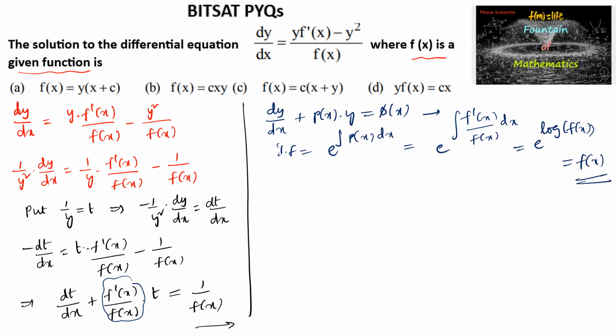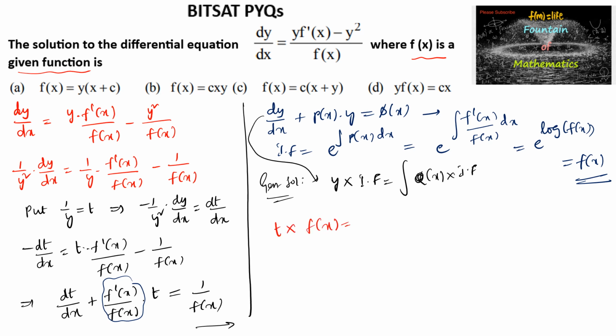And the general solution, y into integrating factor is equal to integral of q of x into integrating factor. But here we have the two variables t and x. So here we can write t into integrating factor f of x is equal to integral of q of x, which is 1 upon f of x, into integrating factor f of x dx.